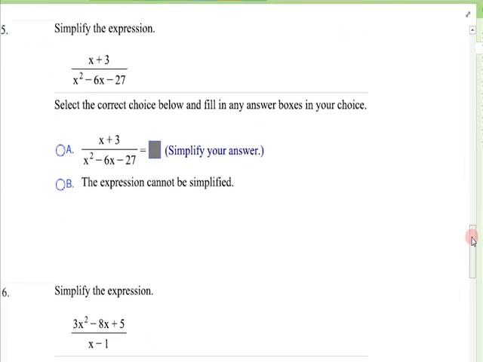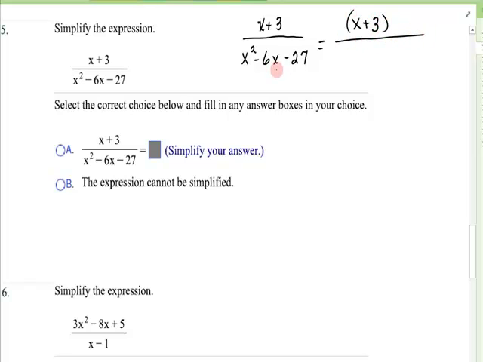Let's look at number 5. I have x plus 3 over x squared minus 6x minus 27. The numerator, x plus 3, there is nothing I can factor out of that. The denominator, I should be able to use trial and error.